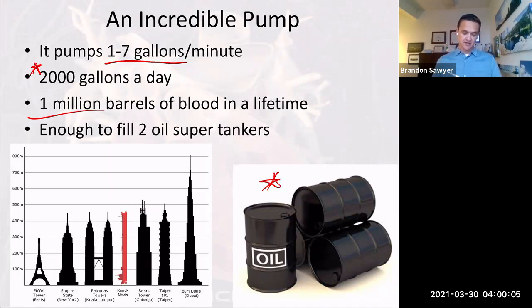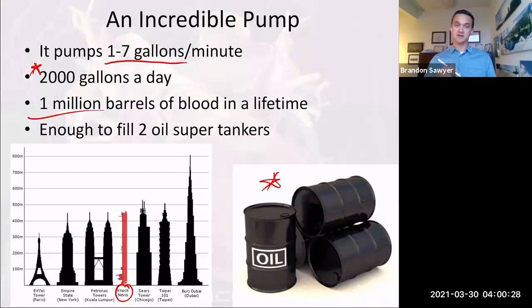Well, if we look at these giant oil tankers that go across the oceans to take oil from the Middle East over to the US or from the US to other places, they hold about 500,000 barrels of oil.